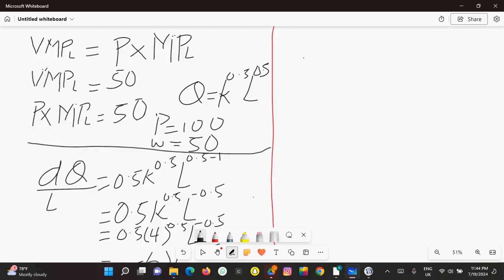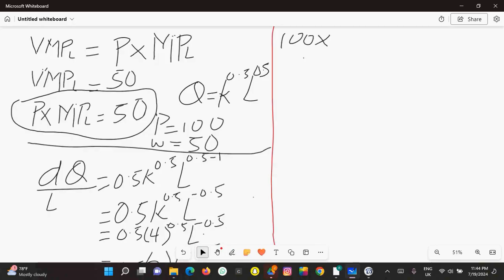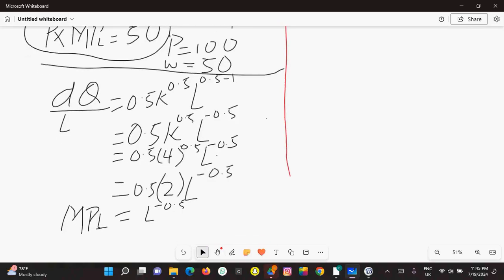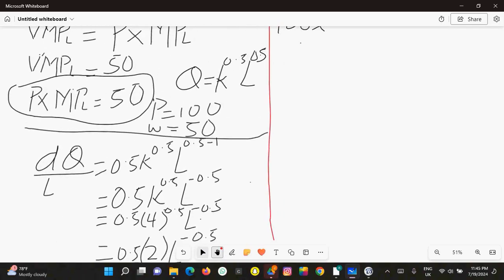So now let's write this whole thing. P is equal to 100 times marginal product of labor. Marginal product of labor is L raised to the power negative 0.5.